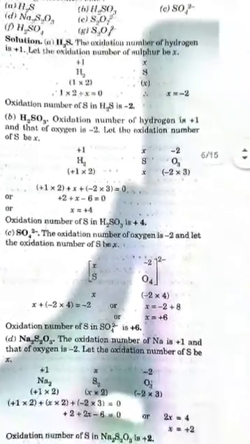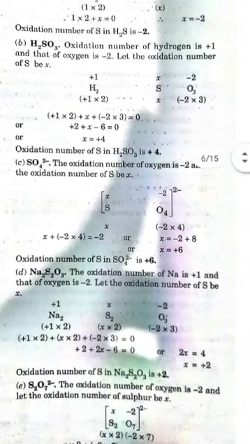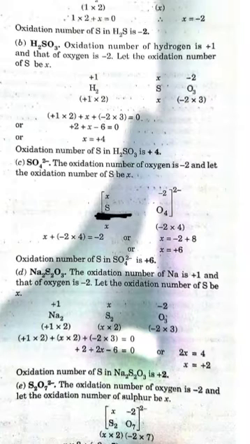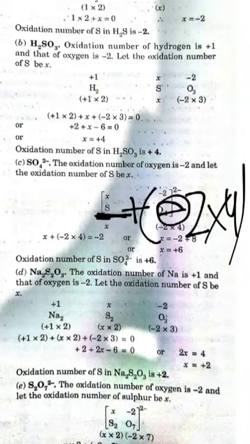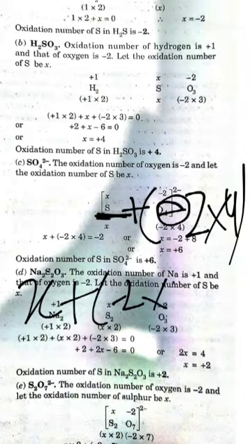If we go on to the next example, SO4 2 negative. Now sulfur has an oxidation state which you don't know, so write X, then plus oxygen, you know it has a valency of -2, so write bracket -2 into 4. Why into 4? Because there are 4 oxygen atoms. So it has become X plus -2 into 4 is equal to -2.